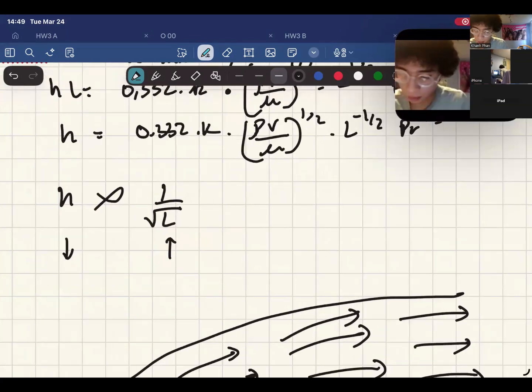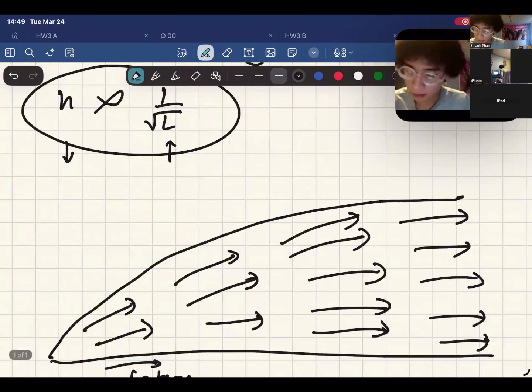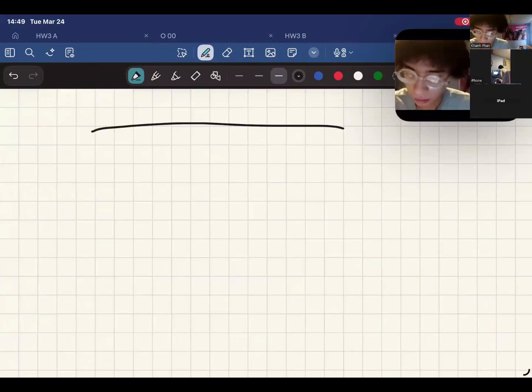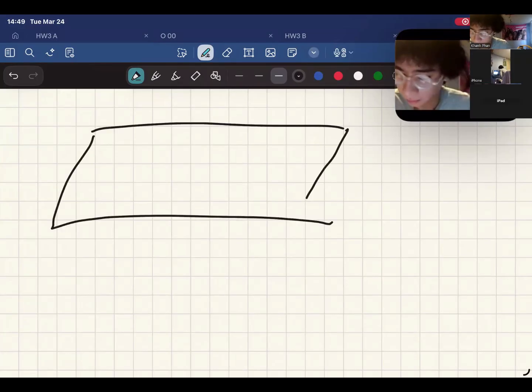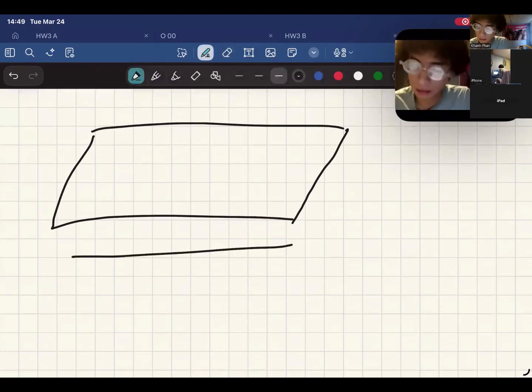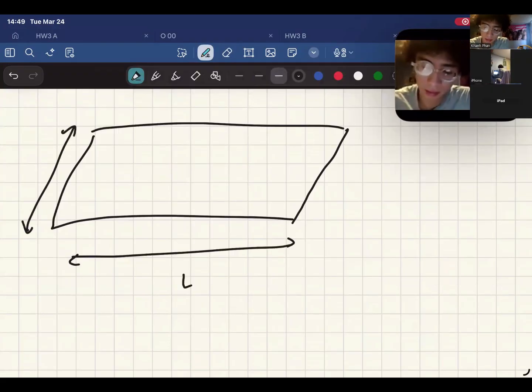So now that we have established this, let's draw a plane right here, and let's say we have length L, another length L long, and length L short.